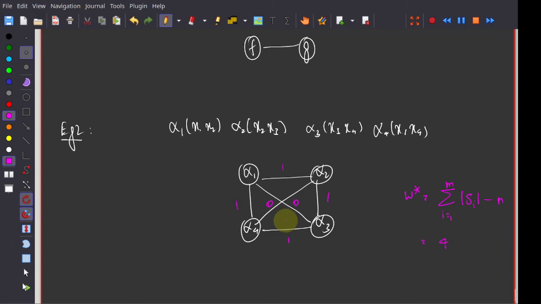You don't have any spanning tree with weight 4. The maximum weight that you can get is 3, because any spanning tree can have at most 3 edges, and since the weight of each edge is less than or equal to 1, the maximum weight you can get is 3. So in this case, the weight of any spanning tree is strictly less than 4, therefore no junction tree.